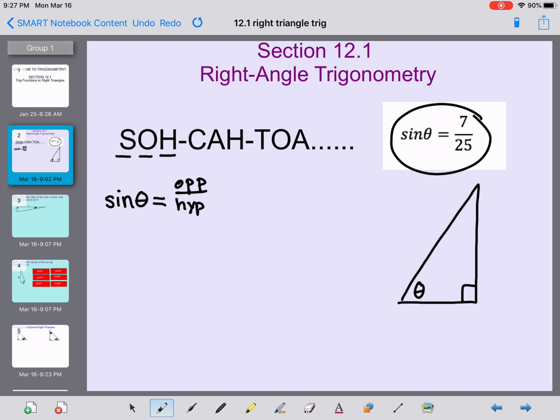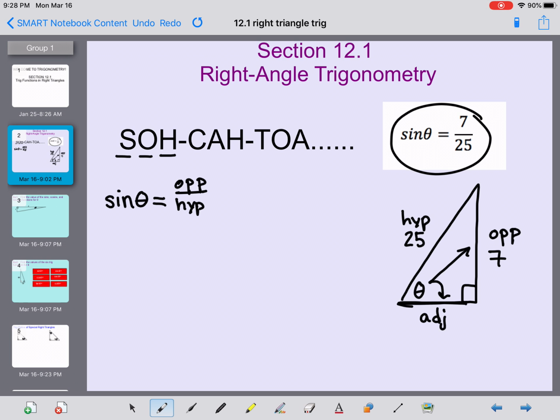So when we're looking at theta here, the opposite side is this side right here. It's directly across from the theta. And so that side is going to be 7. Hypotenuse is always the side across from the right angle, which is this side. So that's always the hypotenuse. In this case, the adjacent side is what our A is going to be. The adjacent side is this side right here. Now the theta has two adjacent sides, adjacent being next to, right?